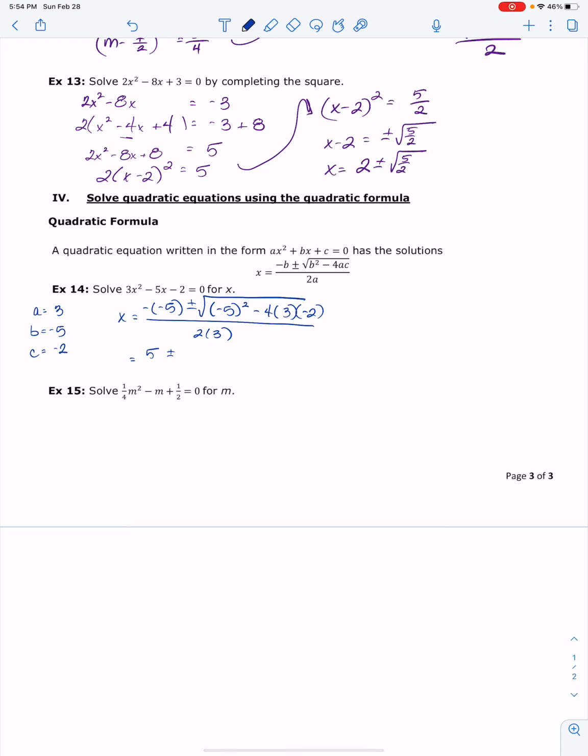Negative -5 is 5, plus or minus the square root of 25. I get minus a negative, plus 24, all over 6. 5 plus or minus the square root of 49, all over 6. 5 plus or minus 7.